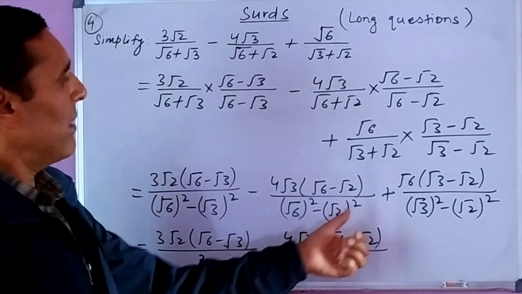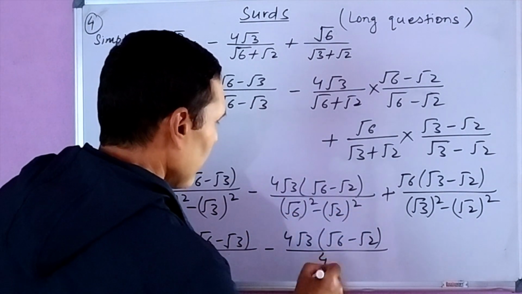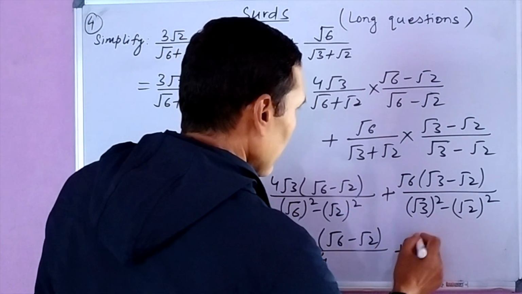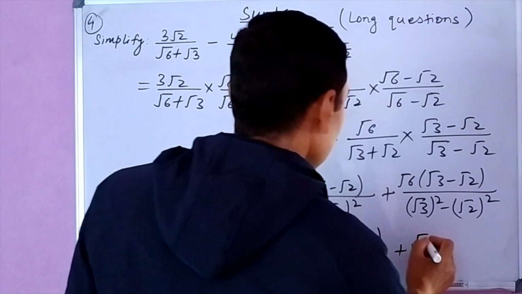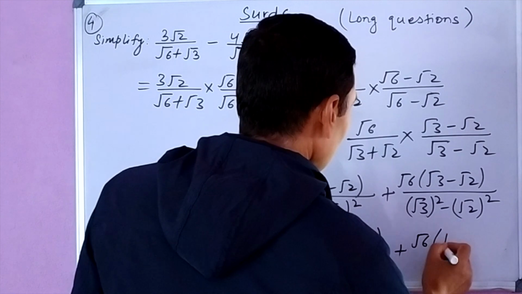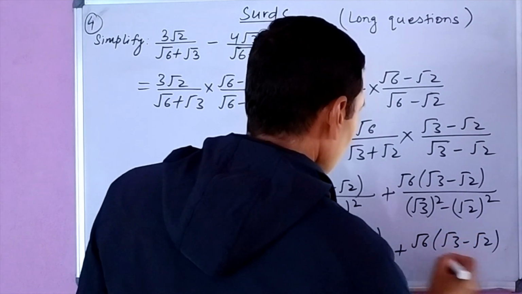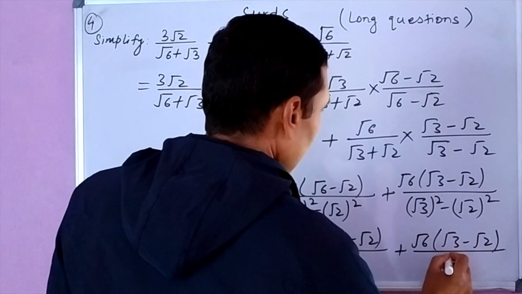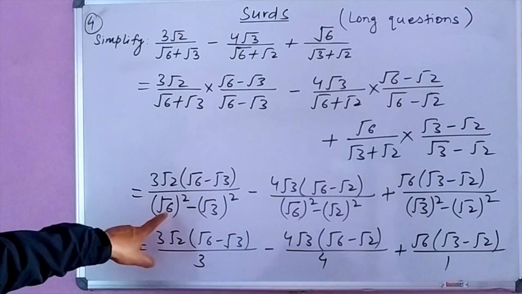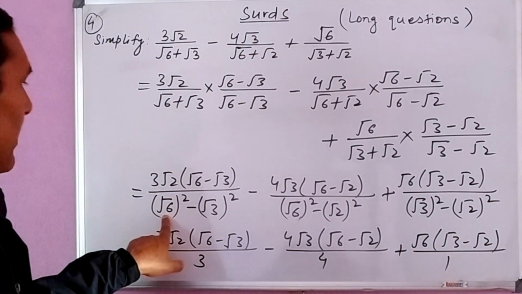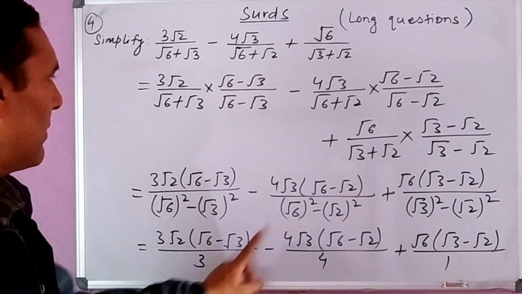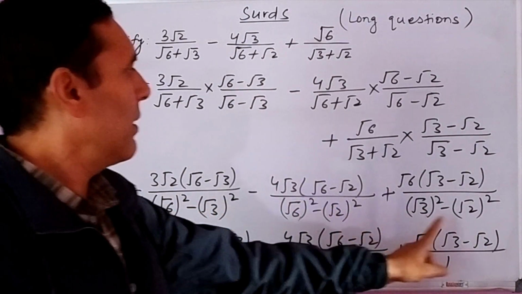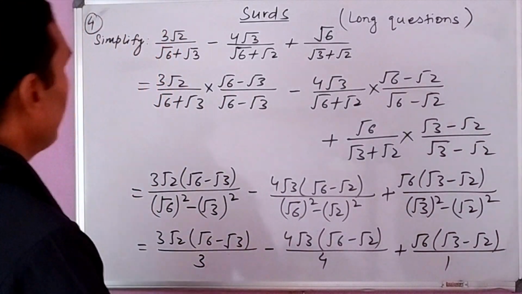Here also 6 minus 2, it gives 4, plus this root 6 times root 3 minus root 2, 3 minus 2, it gives 1. Root 6 whole square, it is 6 only, minus root 3 whole square, it is 3 only, 6 minus 3, 3, 6 minus 2, 4, 3 minus 2, it is 1.